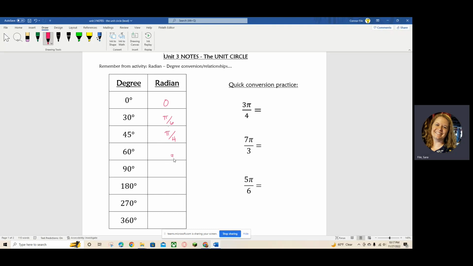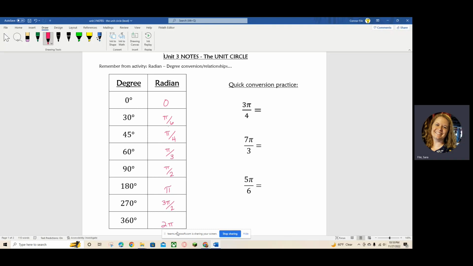And 60 degrees was pi thirds. 90 degrees was pi halves. 180 was just pi. 270 would have been 3 pi halves. And 360 was a full 2 pi.